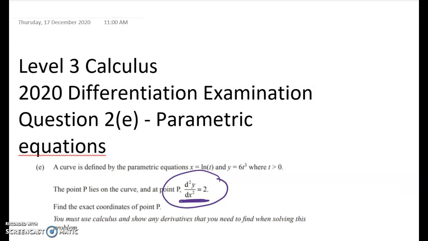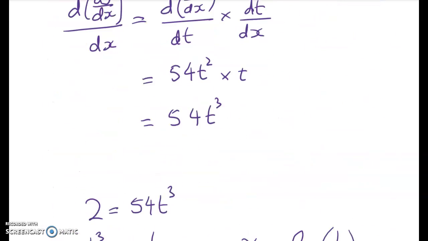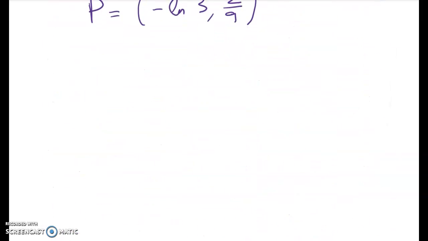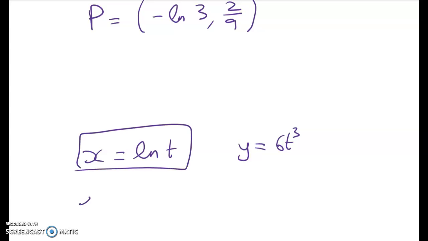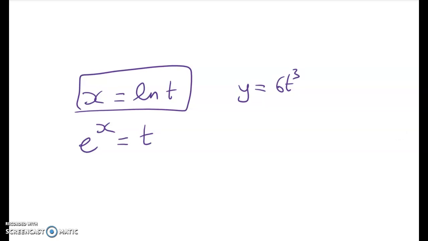Suppose that you had a complete brain freeze and you couldn't remember anything about parametric differentiation. Well, let's look now at how we can do it by getting y as a function of x. Well, x is equal to the natural log of t, and y is equal to 6t cubed. Working with this, e to the x is equal to t, and I can now substitute this into here.